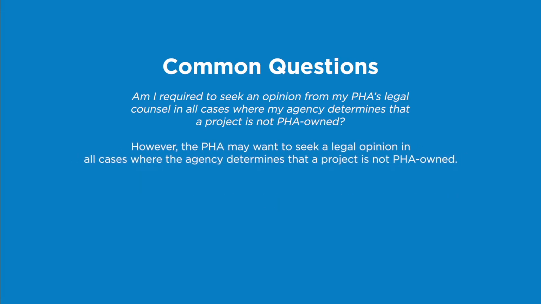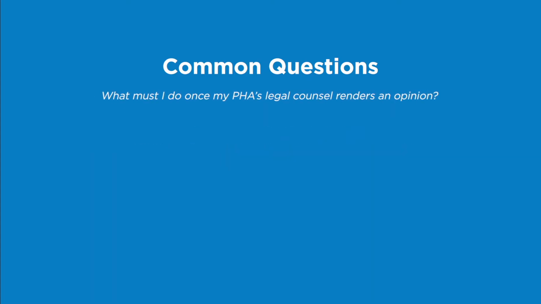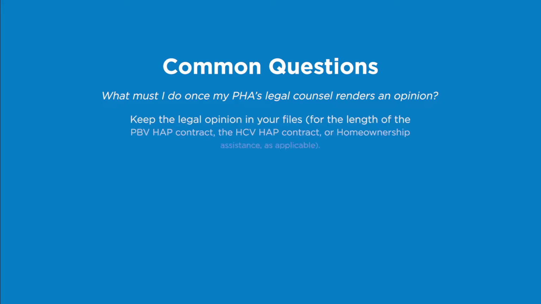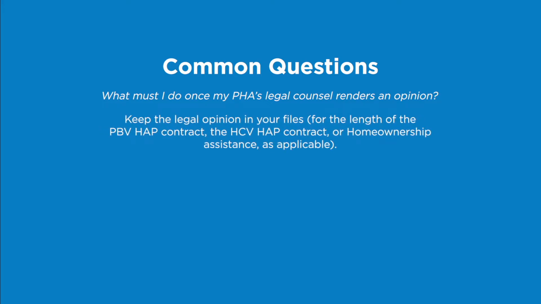However, the PHA may want to seek a legal opinion in all cases where the agency determines that a project is not PHA-owned. What must I do once my PHA's legal counsel renders an opinion? Keep the legal opinion in your files for the length of the PBV-HAP contract, the HCV-HAP contract, or homeownership assistance as applicable.